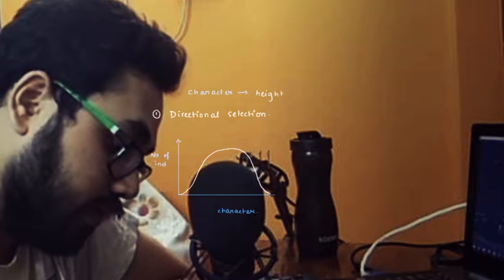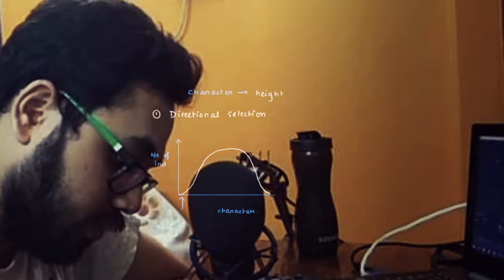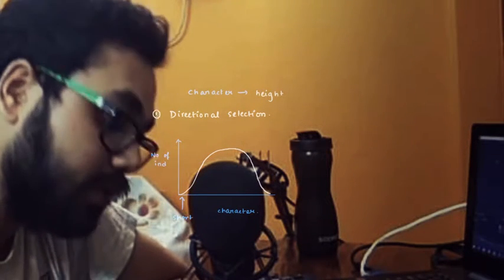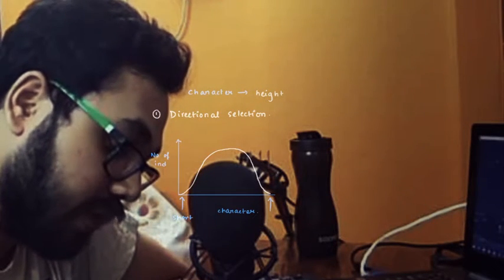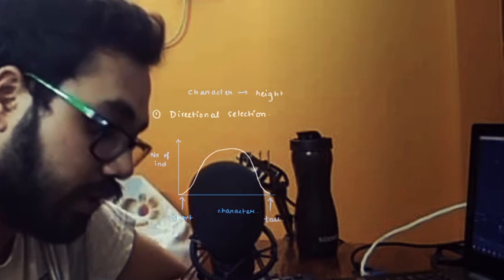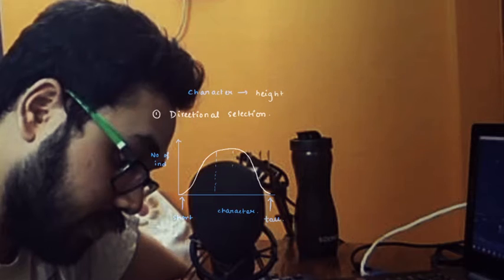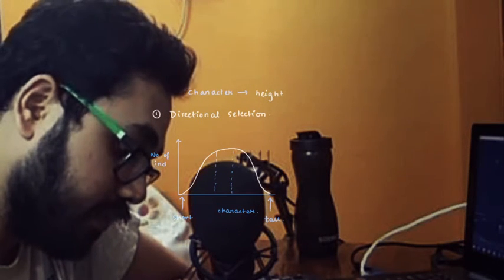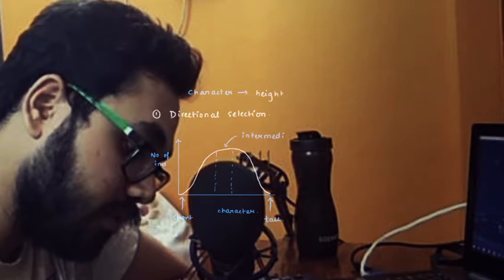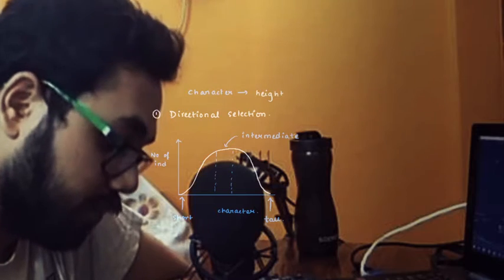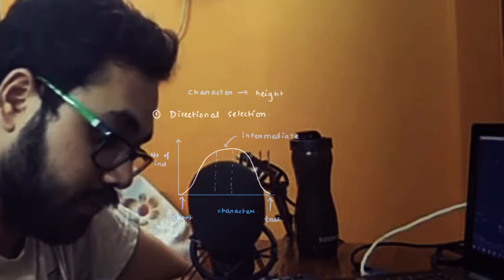Let's say on the extreme left you have the short height or extremely short height, and on the extreme right you have the number of individuals having the extremely tall height. In a distribution like this, the individuals with the intermediate height are more in number. So this is a normal distribution graph that is going to work for every population.